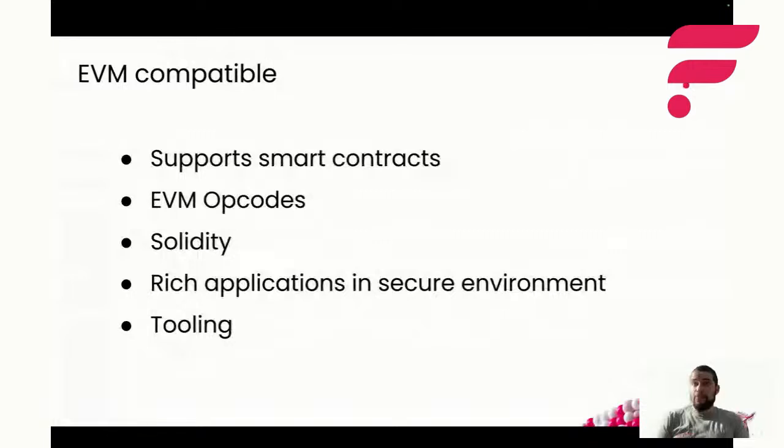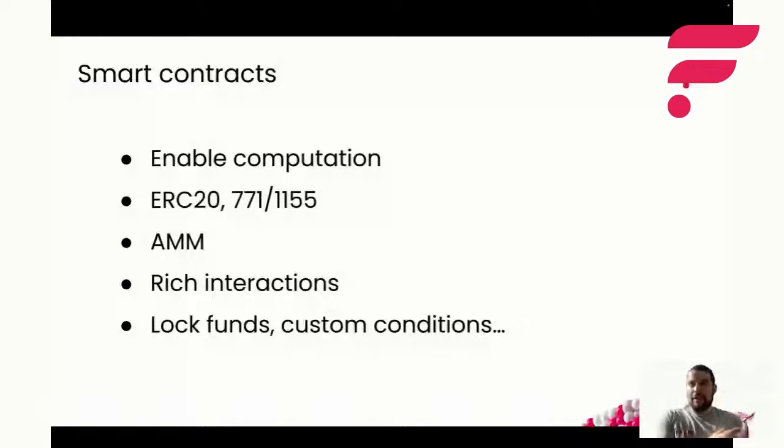Okay, so being EVM-compatible means having smart contracts. But what this really means is that apart from, as said before, just sending funds, you can do some computations. You can compute on top of the chain. And since this is Turing complete, apart from the gas costs and the gas limits, you can do pretty much anything you want. There are no limits. If you can think of it, you can build it.